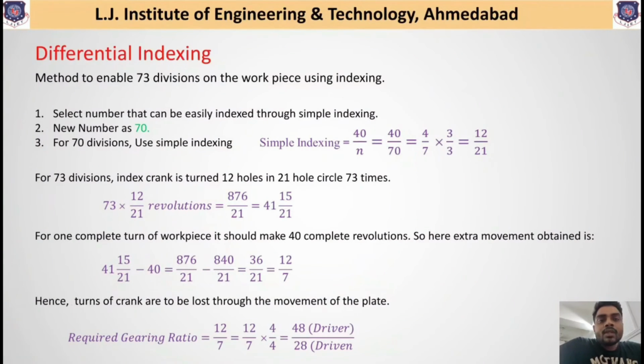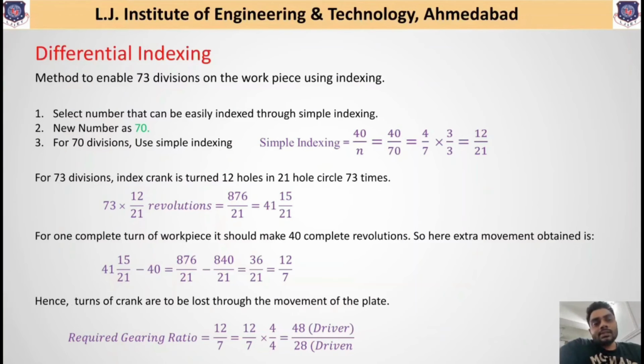That means on a 7 hole plate, 1 complete revolution needs to be provided and an extra 5 holes to be rotated. And for that particular arrangement, as we have discussed in compound indexing, first select the indexing plate which has the given number of holes, and after that provide the rotation.